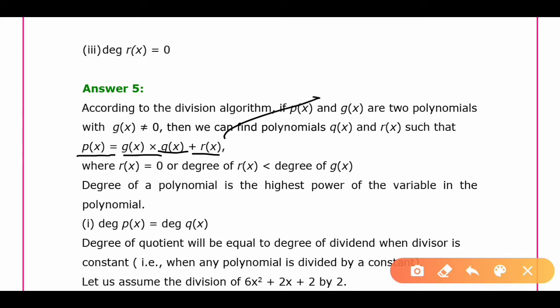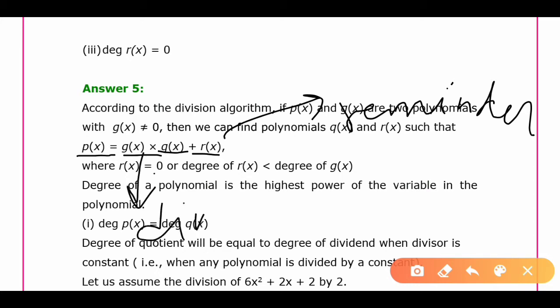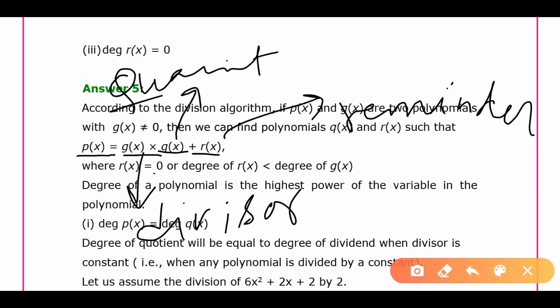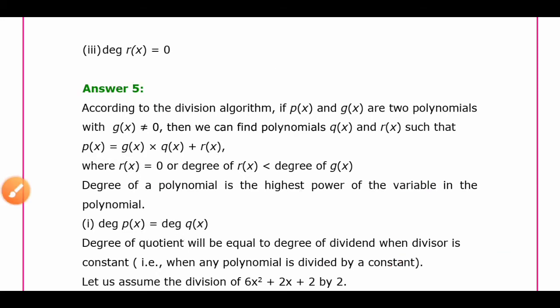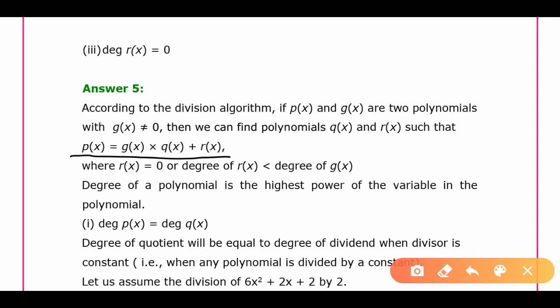Here r of x is the remainder, this one is the divisor and this one is the quotient. Okay, so we have the formula like this.